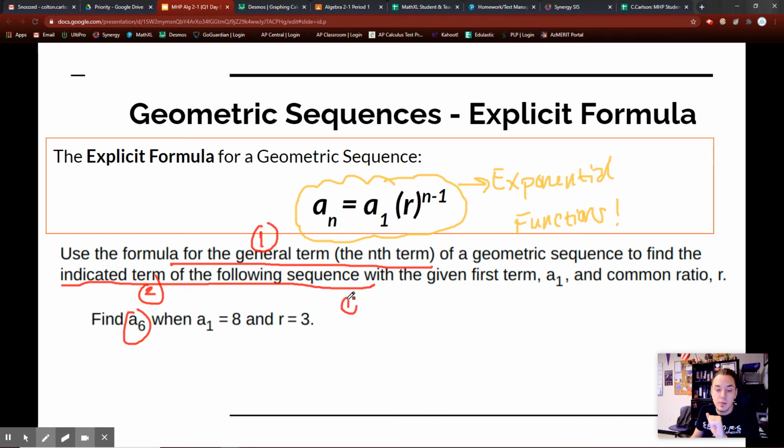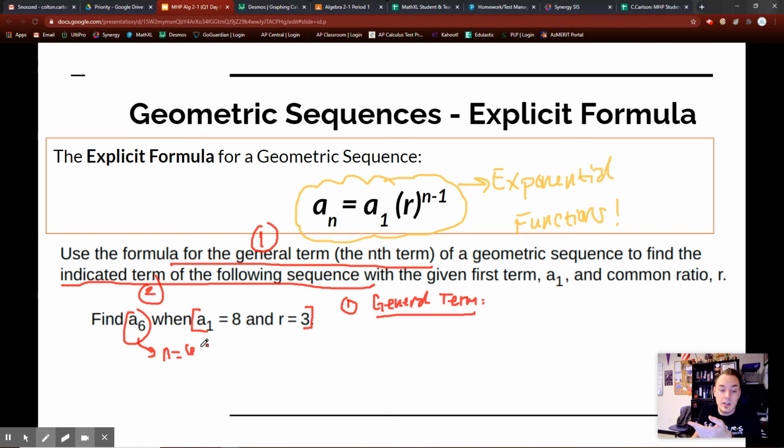So first step, what is my general term formula? I'm going to write this out. We did this in one or two examples in the last video with arithmetic sequences, if you remember. I'm going to list out my variables, already listed here. I'm going to put them inside my formula except for n, because in this case, technically n equals 6.